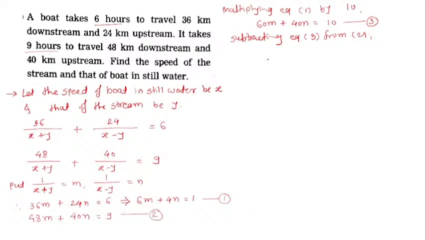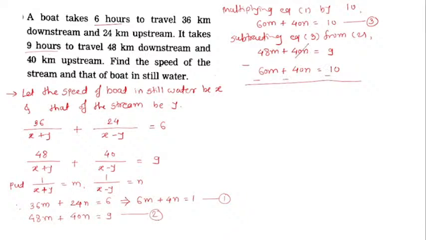So second equation is 48m plus 40n is equal to 9, minus, now we have to subtract the third equation from it, 60m plus 40n is equal to 10. Okay, now as we are subtracting, we have to change the sign of each term in the second equation. So plus 60 will become minus 60m, plus 40n will become minus 40n, and plus 10 will become minus 10.